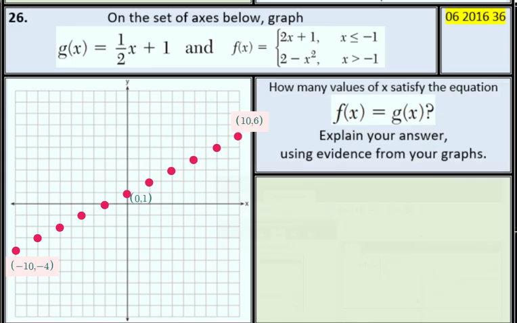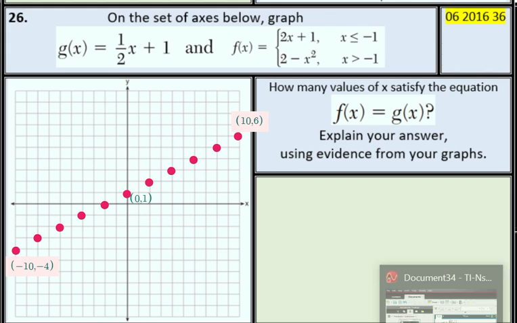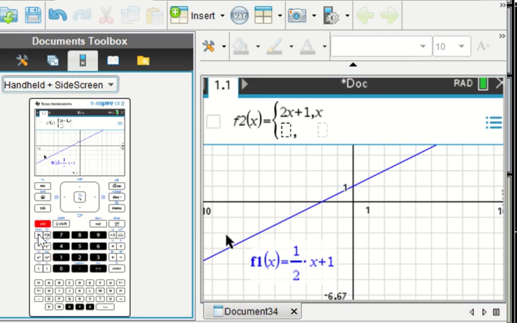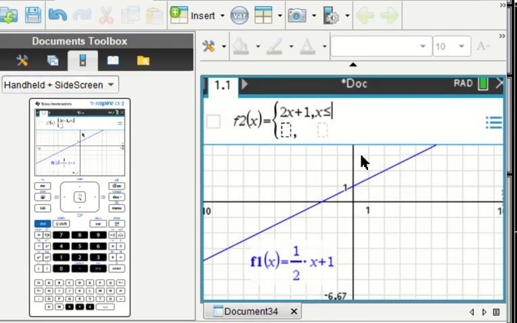So my first rule says 2x plus 1 when x is less than or equal to -1. So 2x plus 1 when x, remember, control followed by the equal sign to get our less than or equal to -1.